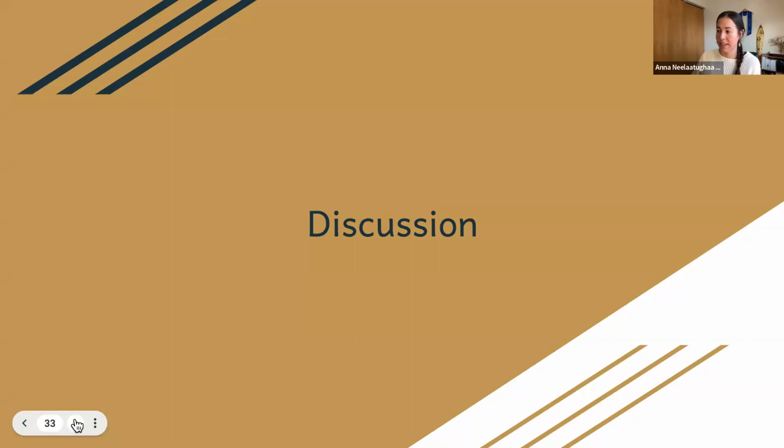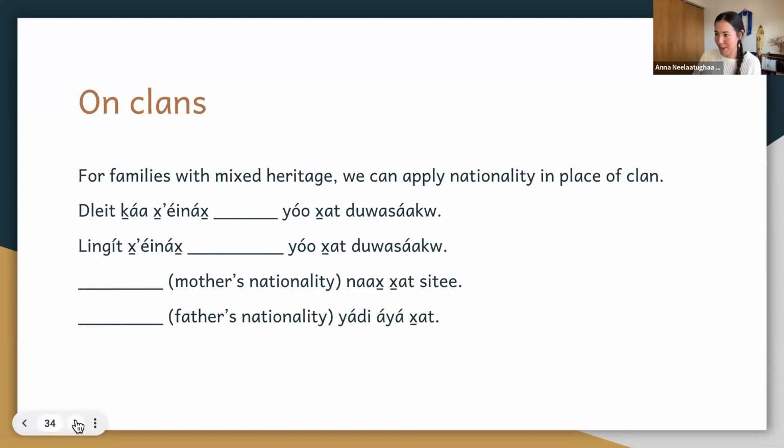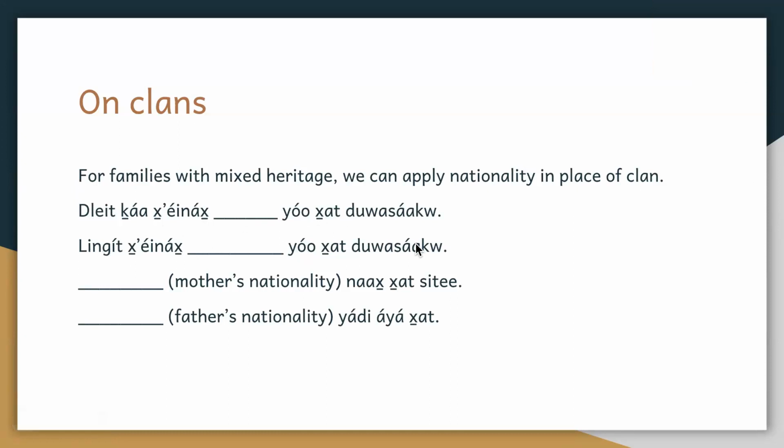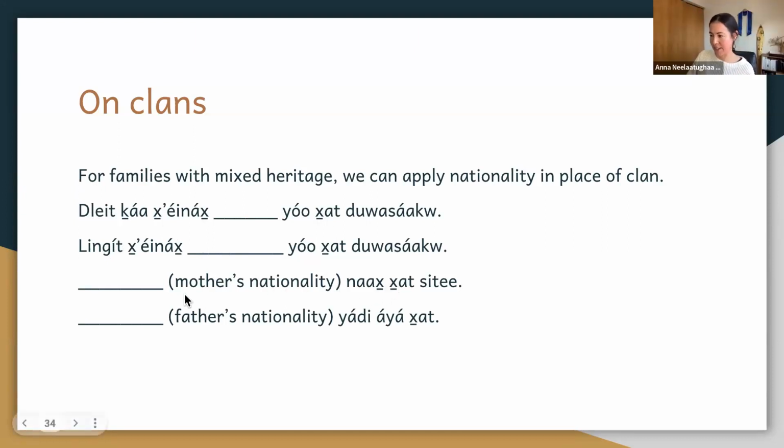Okay, so we already just started our discussion, but we'll continue. So, for families with mixed heritage, we can apply nationality in place of clan. And the lines that we have so far are Dleitchad Einach, Yuchat Duasag, Tlingit Einach, Yuchat Duasag. Mother's nationality, Nachat Sitee, father's nationality, Yadi Ayechat.